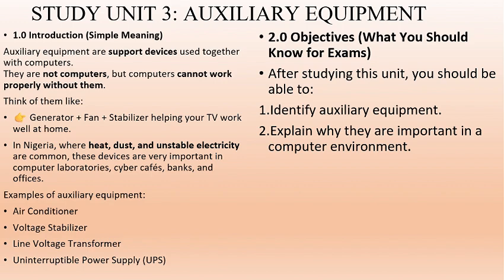That fan is helping your TV to work well at the same time. So the fan and the stabilizer are auxiliary equipment that help make your TV work well at home.